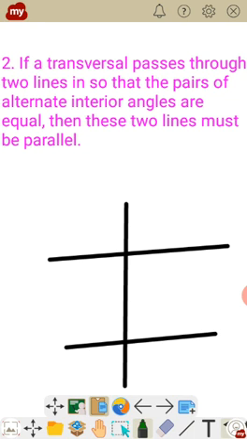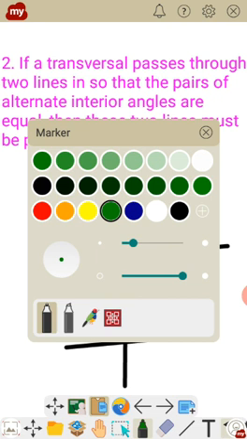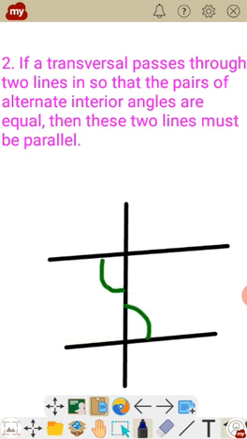That the pairs of alternate interior angles should be equal. So first we will find the pairs of alternate interior angles. You can see this and this is the first alternate interior pair, and the second pair of alternate interior angles is this and this, and these should be equal.